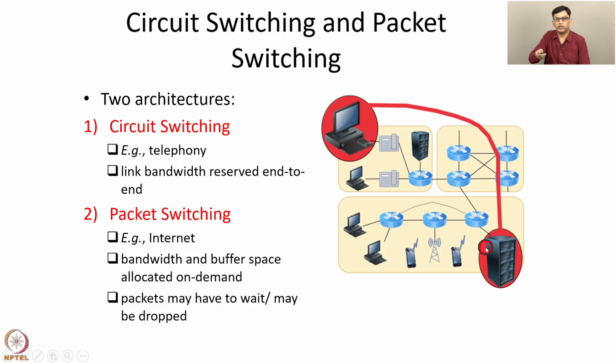It adds the destination IP address of this client to each packet, and then sends each packet independently over the network. And when a packet arrives at a particular router, it is allocated the available buffer space and the necessary bandwidth to be sent out on the outgoing link.